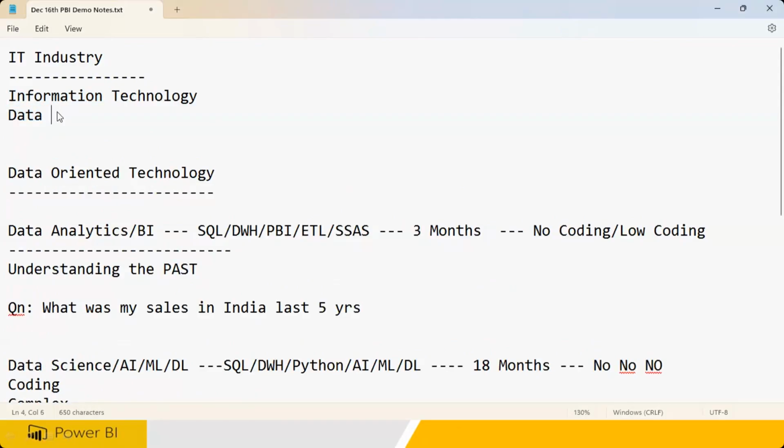Data is wealth today or currency today. This is the slogan given by Microsoft. According to Microsoft, data is currency today, data is wealth today, or next generation fuel today. People are talking about this.